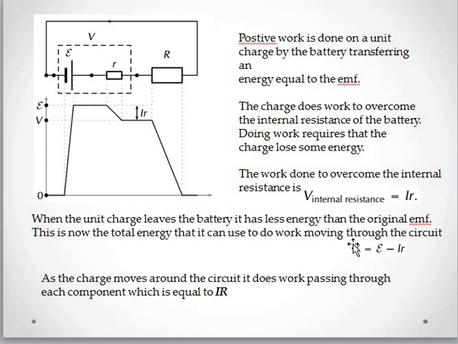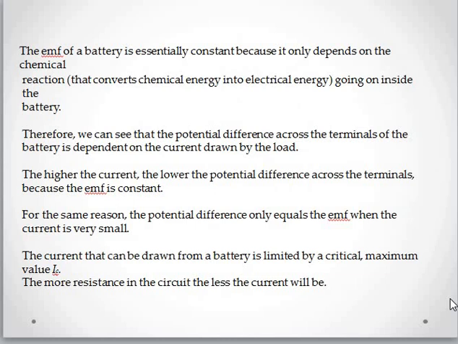So that is the V for the external load, which is epsilon minus the internally consumed voltage, epsilon minus Ir. After that, it exits the battery and remains with IR, which is current times the capital letter R, which it is going to use to move through the external load. Okay, so the EMF of the battery is constant, guys.